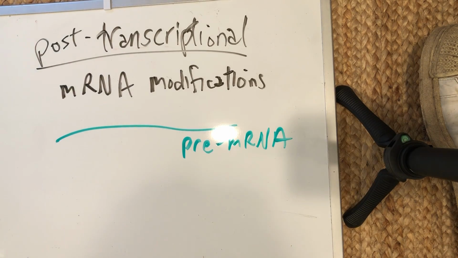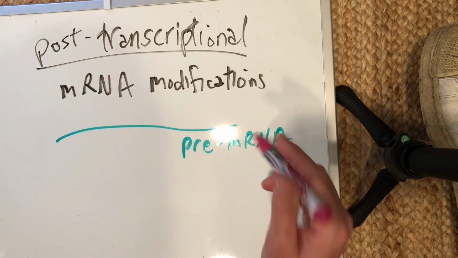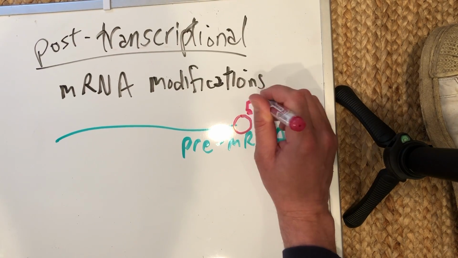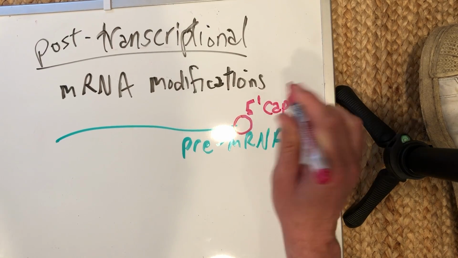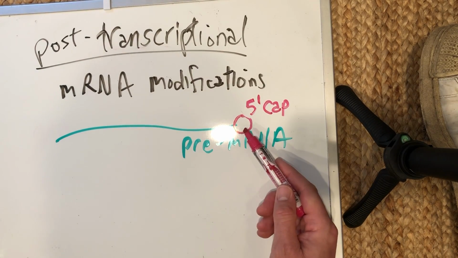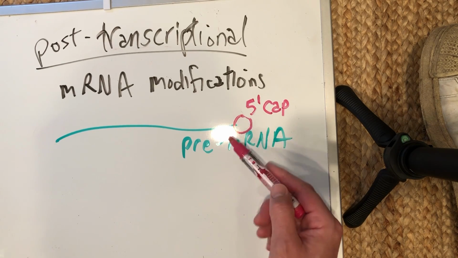There are a couple of things that are going to happen to this RNA, right? First of all, this is a reminder. We've technically covered this before. A 5' cap is added. You don't need to know this, but I think this is a modified GTP.